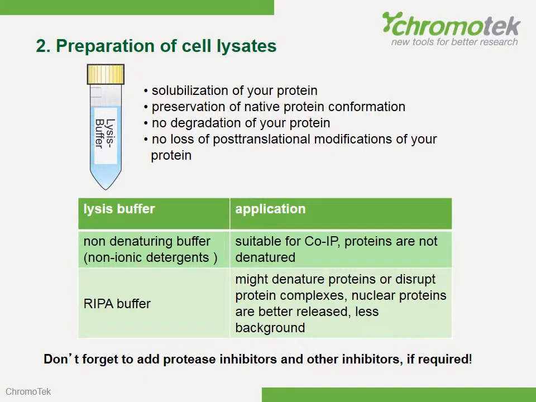After choosing the antibody and the matrix, you need to lyse your cells. During lysis, you want to solubilize your protein. Ideally, your protein is kept in its native conformation, and for sure you don't want protein degradation during cell lysis. And if you're interested in post-translational modifications, you also don't want to lose these post-translational modifications during lysis.